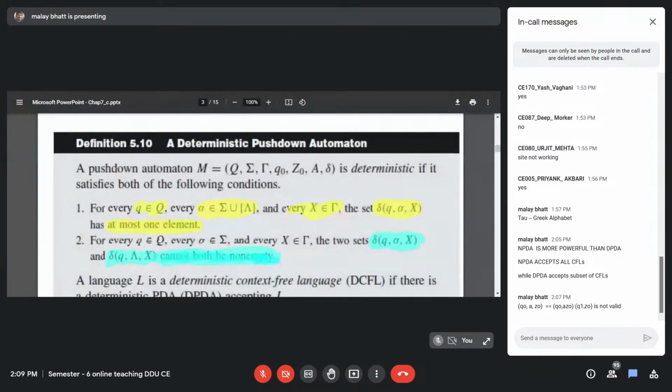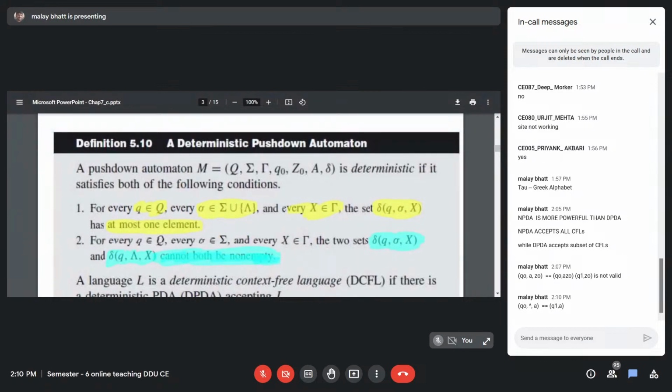One example is Q0, null, A. It is from the even length palindrome. Q0, null, A gives me Q1, A, where I'm ignoring the null. So what I have to do is extract the null rules, and from that we get the state.